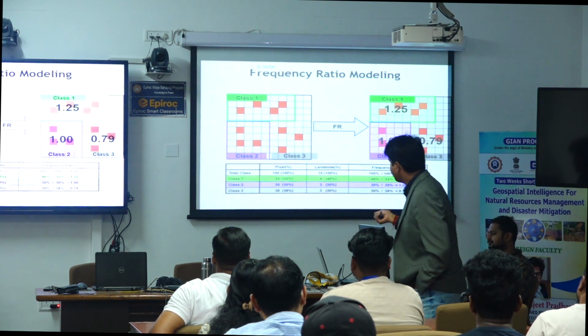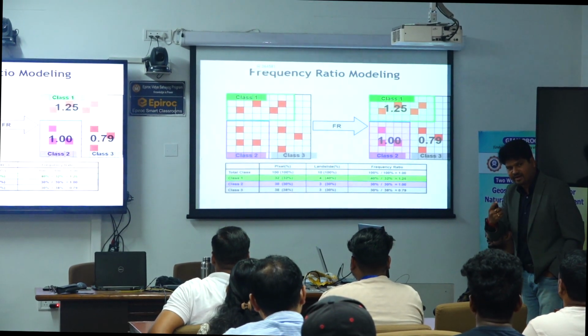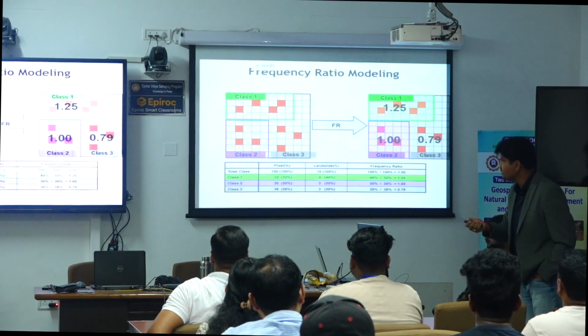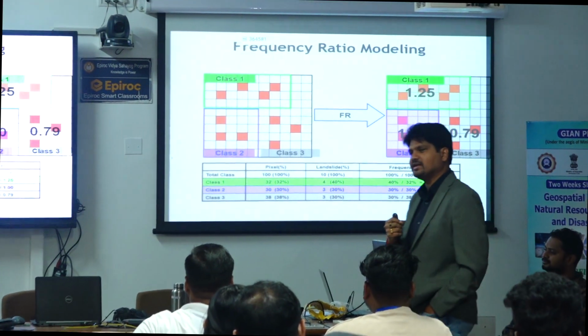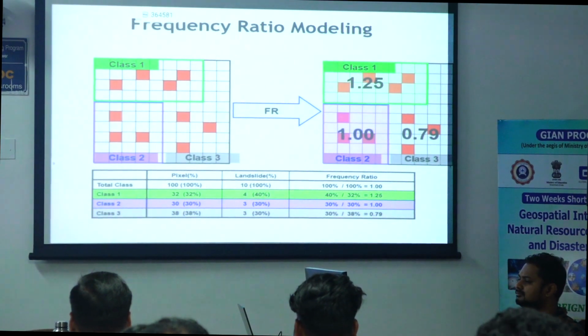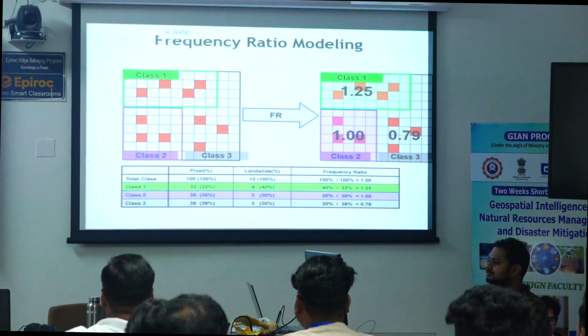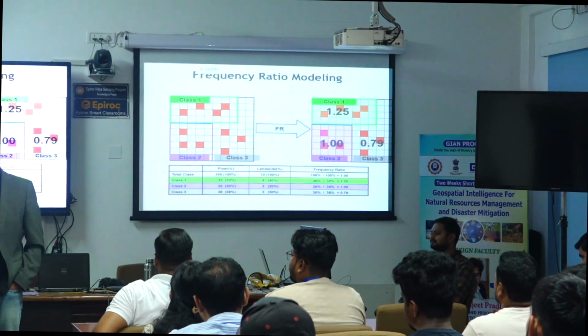That means whatever pixel values you have here, class 1 is reassigned to the value of 1.25. But because we are doing raster-based analysis, obviously we have to use integers. That means 1.25 multiplied by 100, you just make it 125.